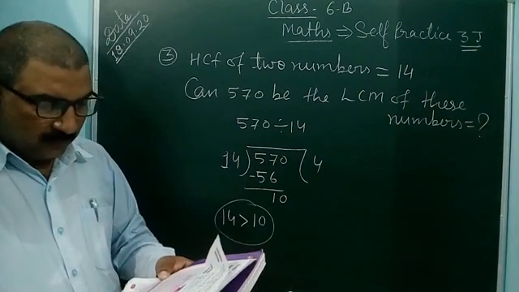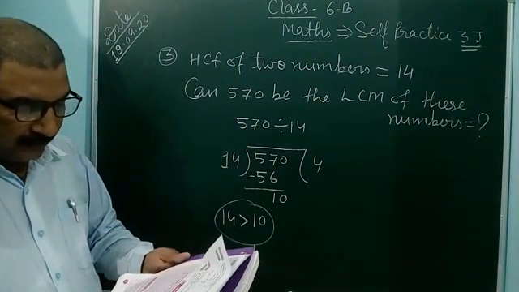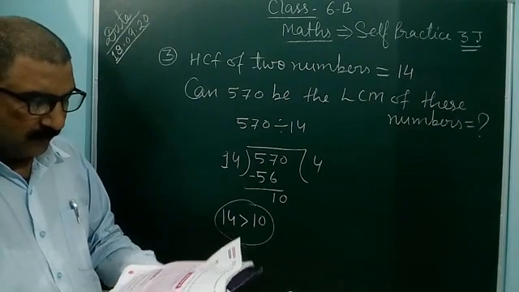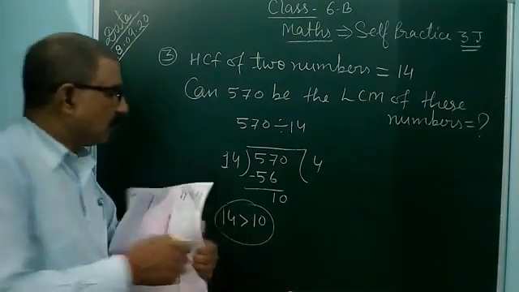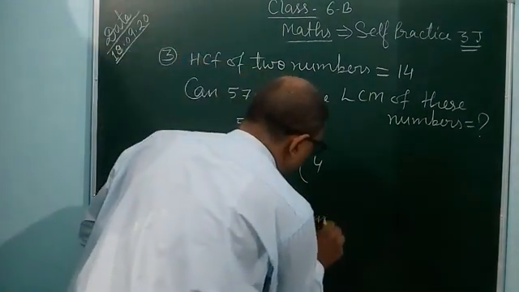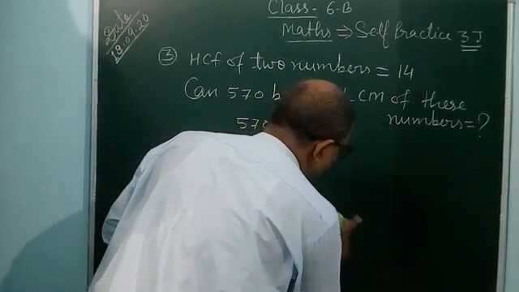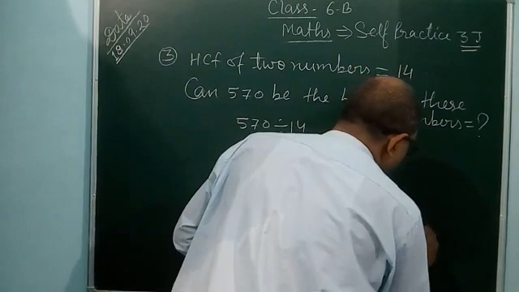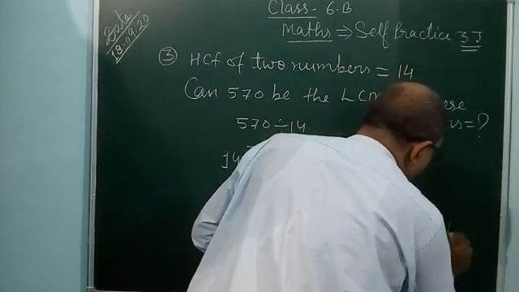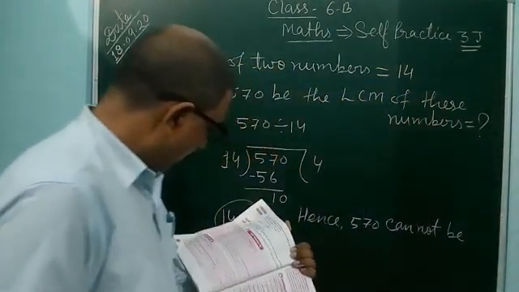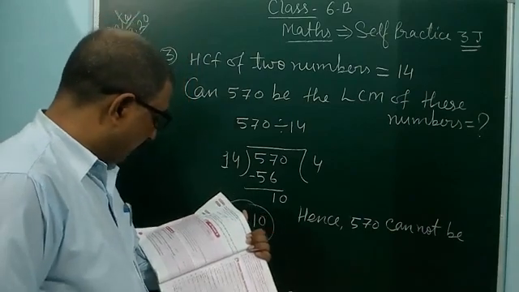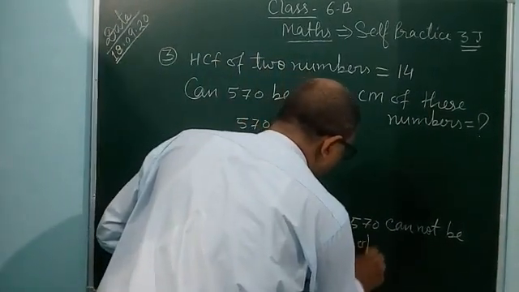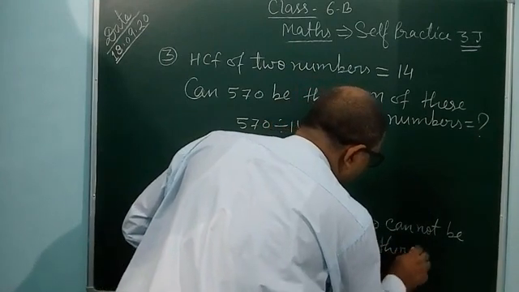So 570 cannot be the LCM of these numbers. Hence 570 cannot be the LCM of these numbers.